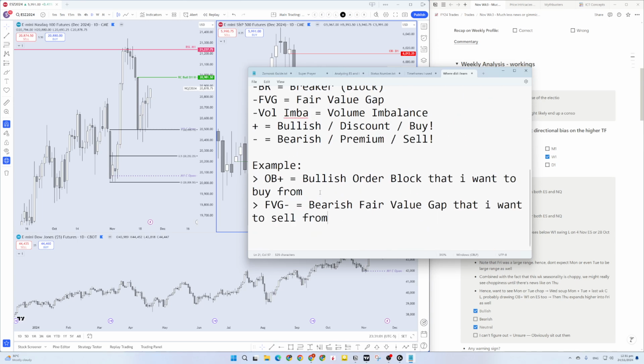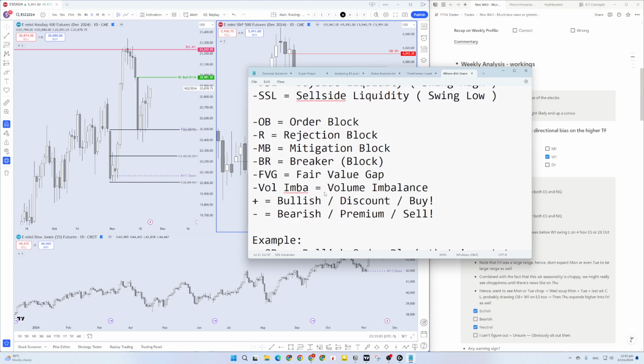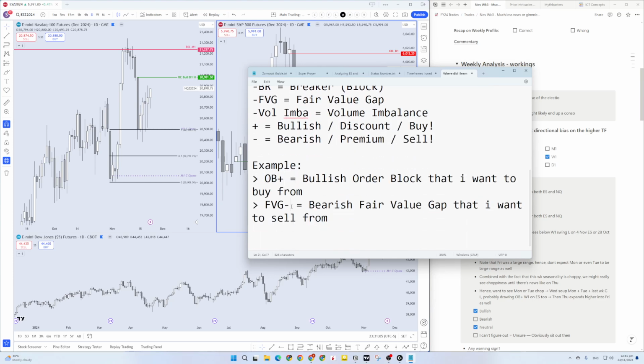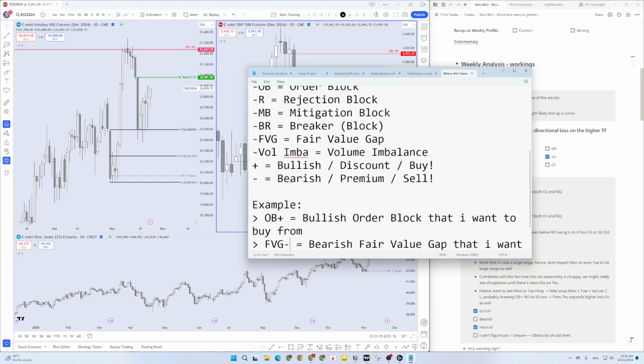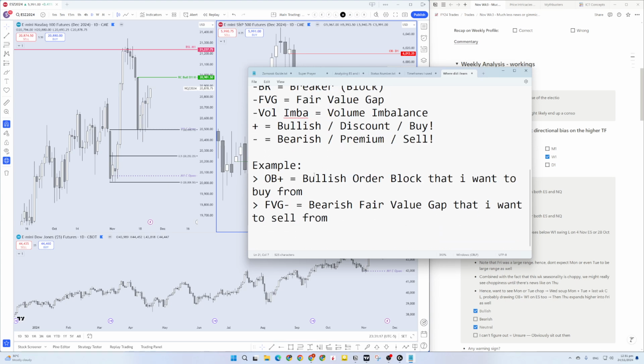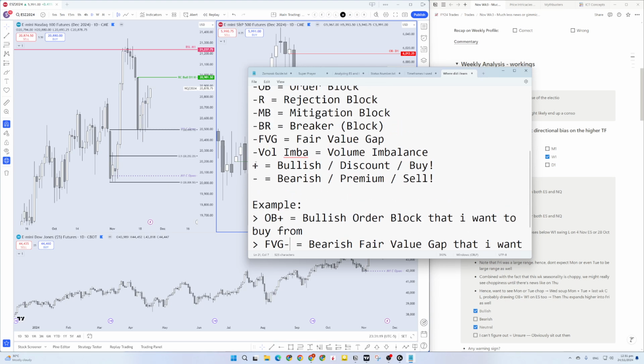Okay, so if you think of it this way, if you got a plus and a minus, technically speaking, if price ever travels from a plus, that means a lower price, to one of these higher PD arrays, I'm actually looking to sell there. So I bought at a plus level and I want to sell at a minus level.